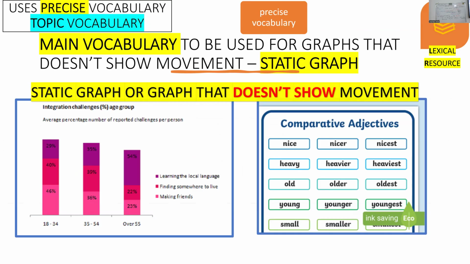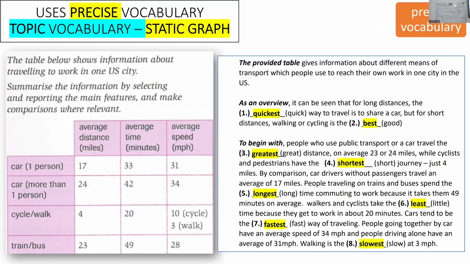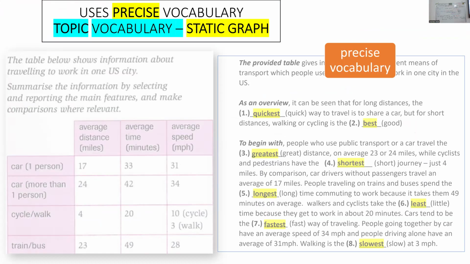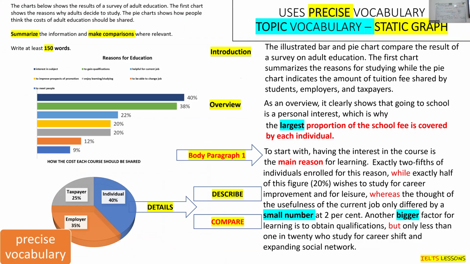Now, for static graphs, as I have mentioned earlier, the main vocabulary here is the use of comparative adjectives. Because this graph is static, it doesn't show movement. So since it doesn't show movement, the best way is to use comparative adjectives.